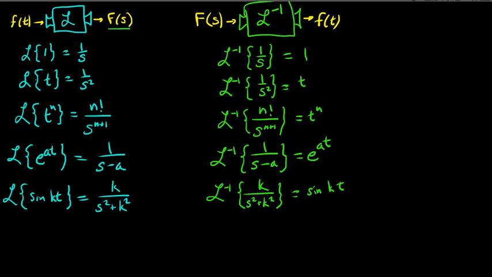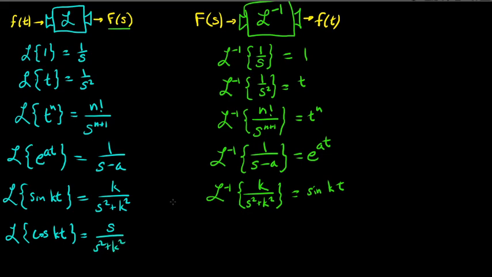Maybe just to do the cosine one, and then we'll leave it at that. But there's a whole bunch of them, in 7.2. This is s over s squared plus k squared.